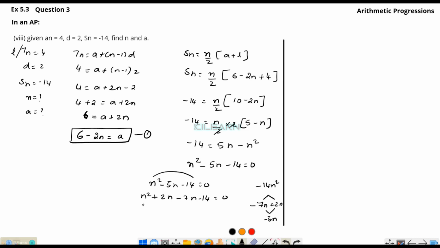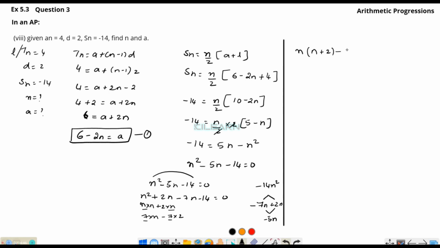I'll split this as n into n plus 2 into n. What is common? I can take n common, and the remaining is n plus 2. If I split 7 into n minus 7 into 2, I take 7 common out, as minus into minus becomes plus.